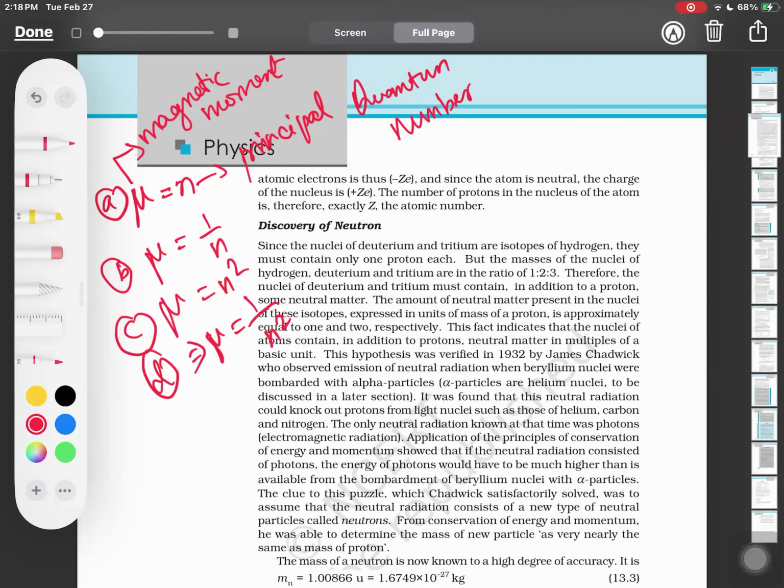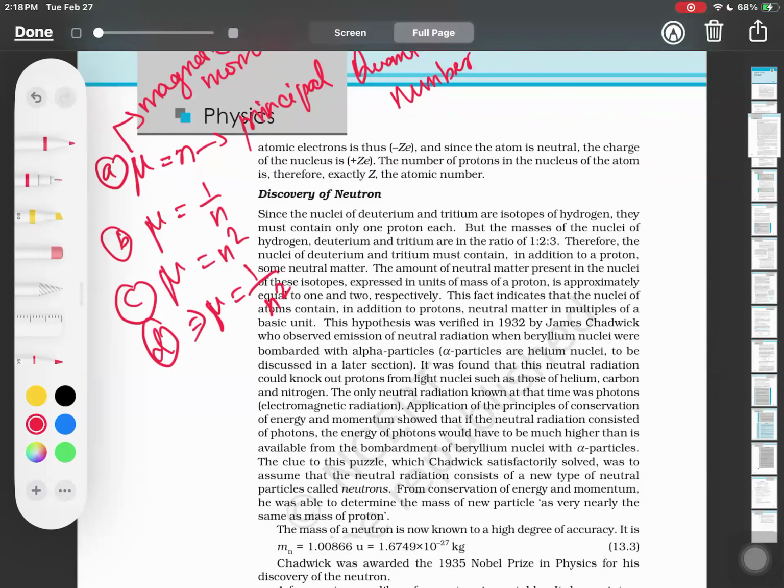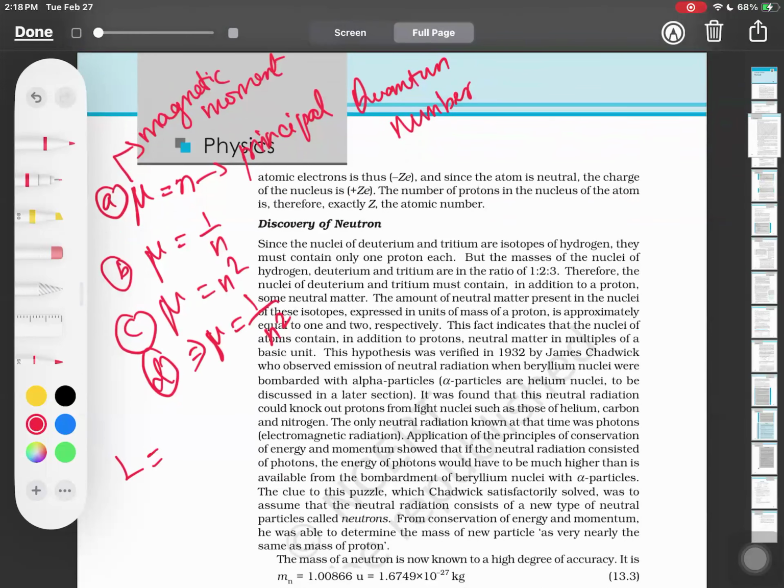So what can you write? How can you explain the angular momentum? According to Bohr's postulate, the angular momentum of each and every electron in its own orbit is an integral multiple of h by 2 pi, that is nh by 2 pi. So what is mu now?